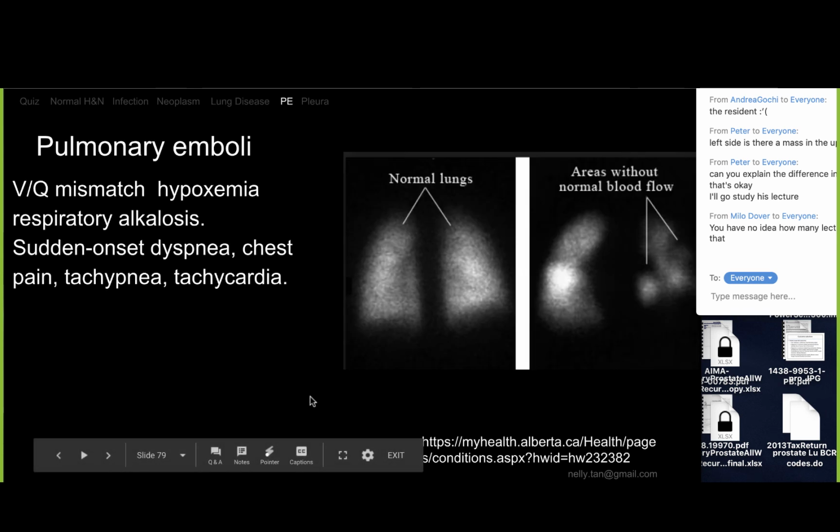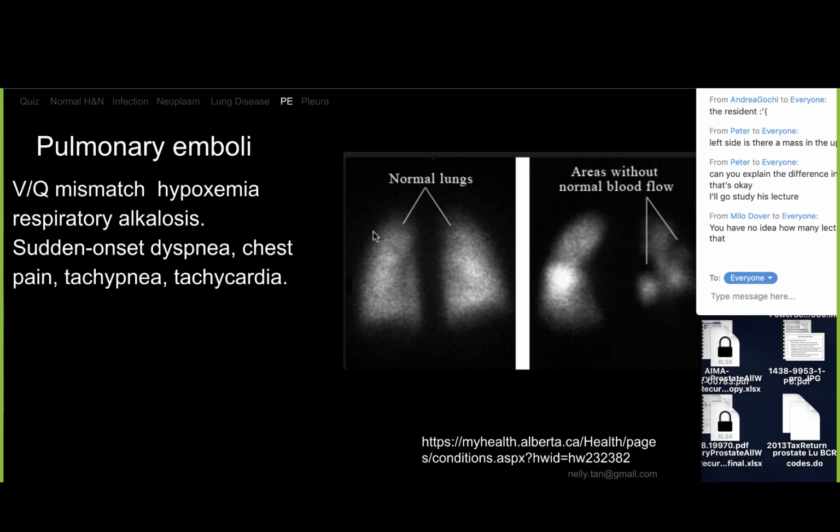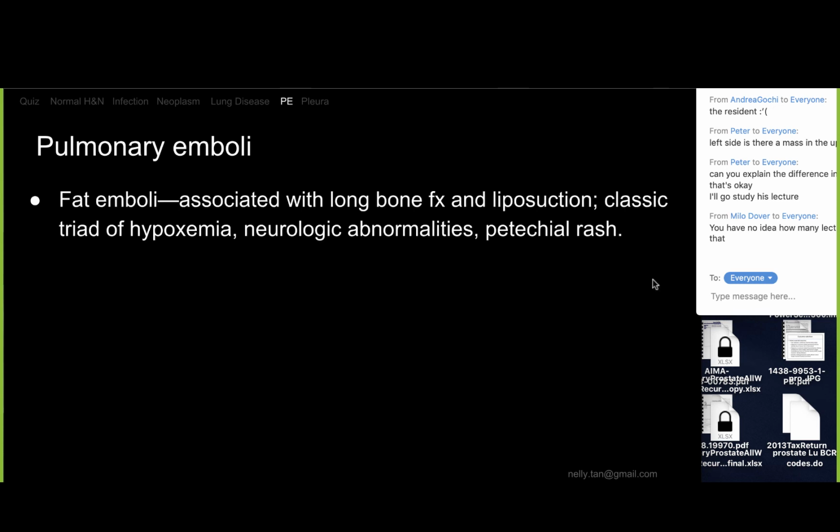For patients with PE, this is what we call a VQ scan. They breathe in radiotracers, and we also inject it intravenously. If patients have a photopenic segmental defect, that suggests there's blockage in the vessel to that area, so that's highly concerning for PE.